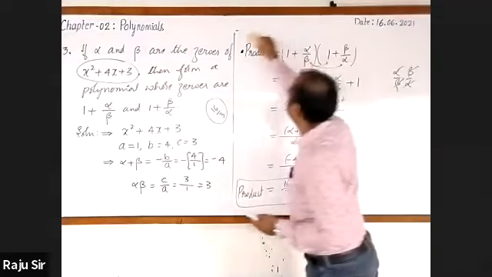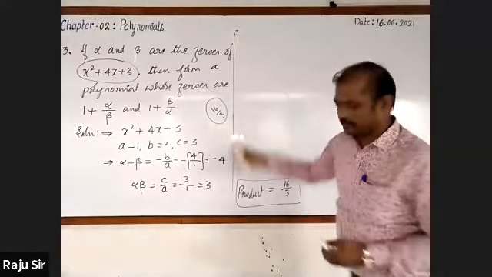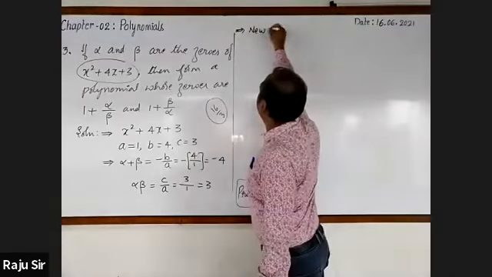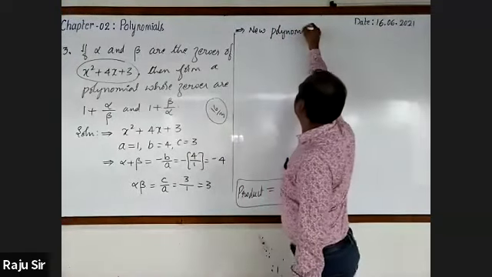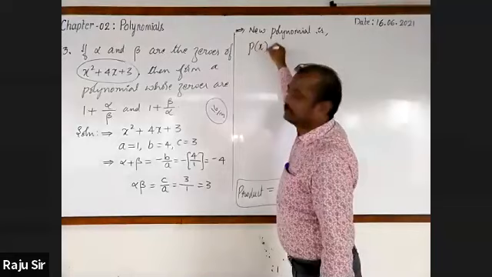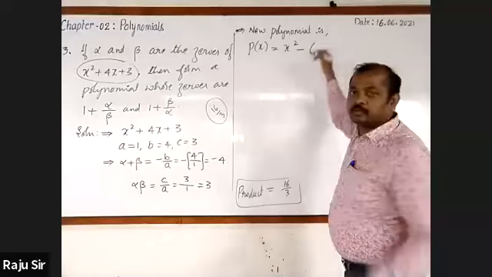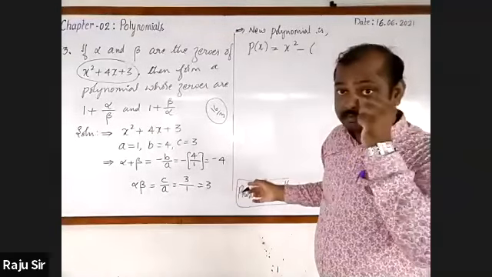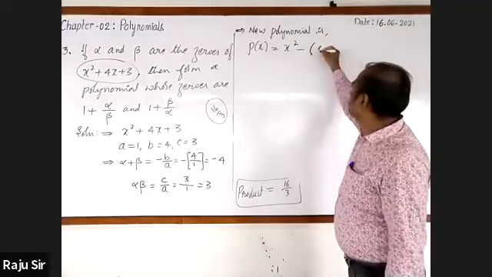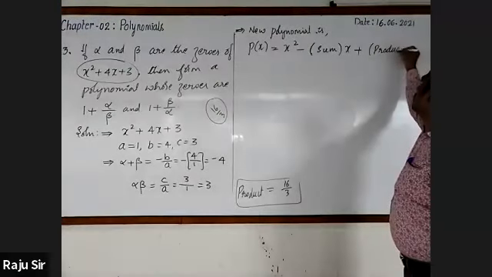Here I'll rub it. New polynomial can be written as P of x is equal to x square minus sum of new zeros into x plus product of new zeros.